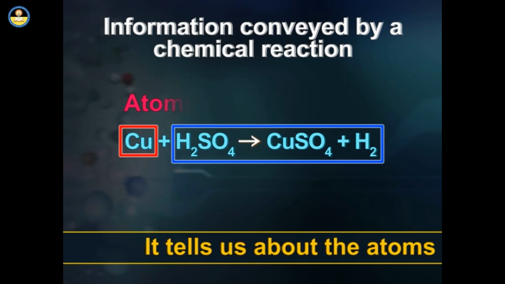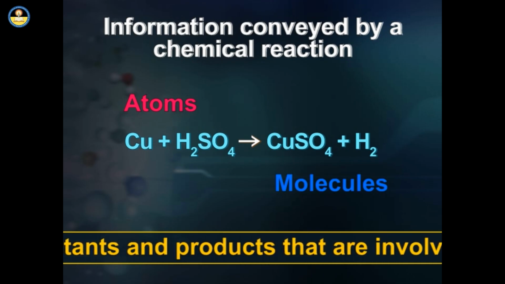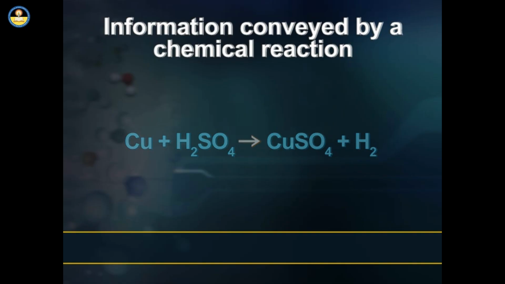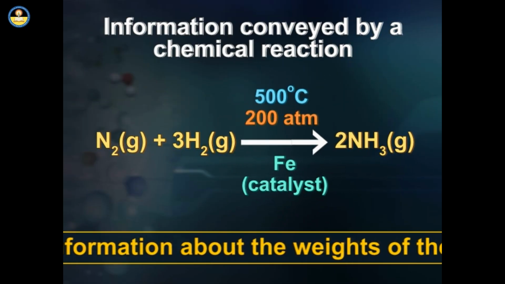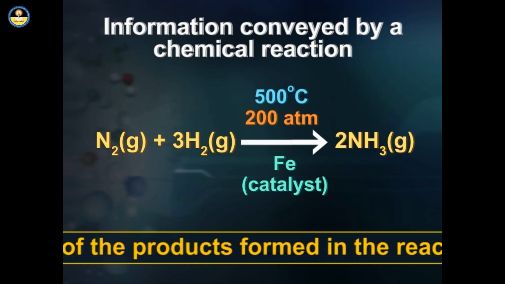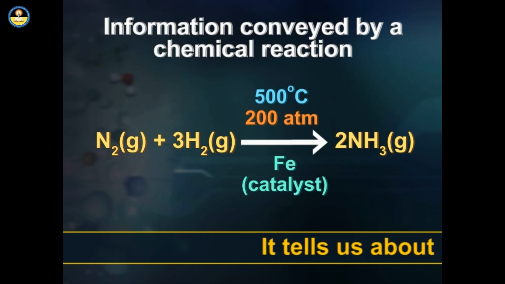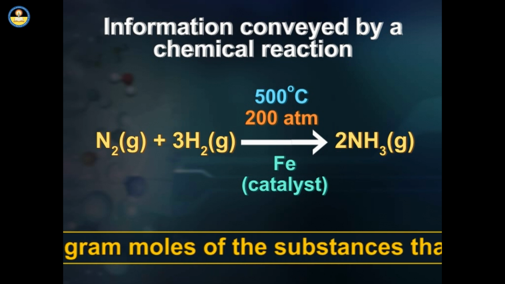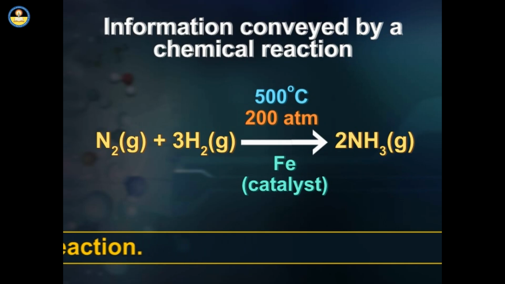It tells us about the atoms and molecules of the reactants and products that are involved in the reaction. It gives us information about the weights of the reactants consumed and of the products formed in the reaction. It tells us about number of gram atoms or gram moles of the substance that are participating in the reaction.